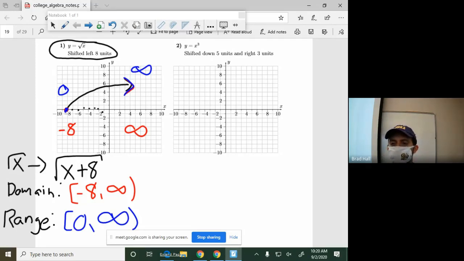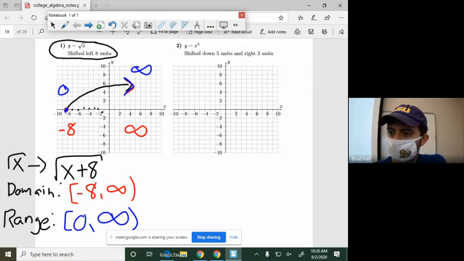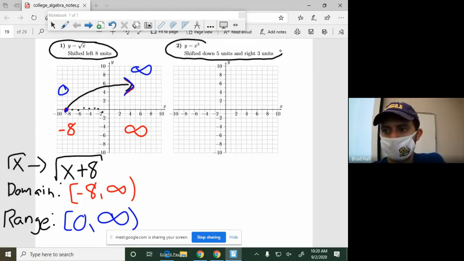So for problem 2, we're going to do the same thing. It's just now they have us do a little bit extra. So now we have x to the 3rd power, or x cubed. We're going to shift down 5 units and to the right 3 units.